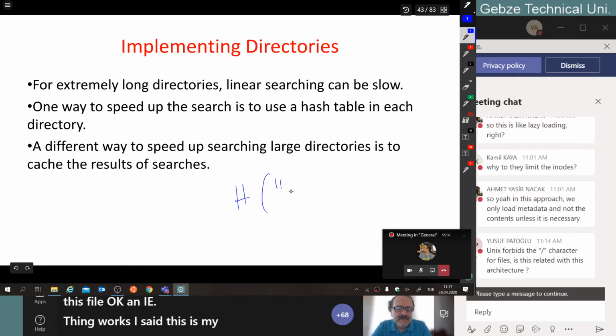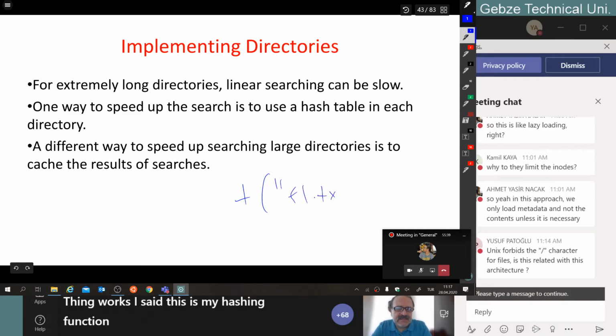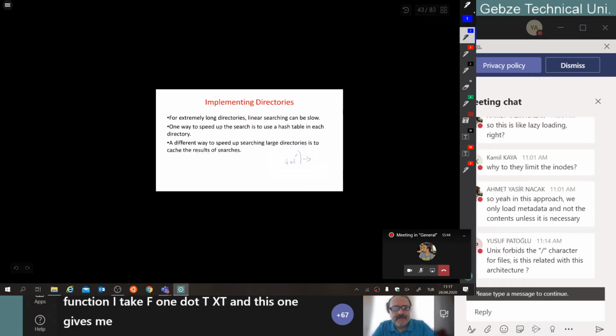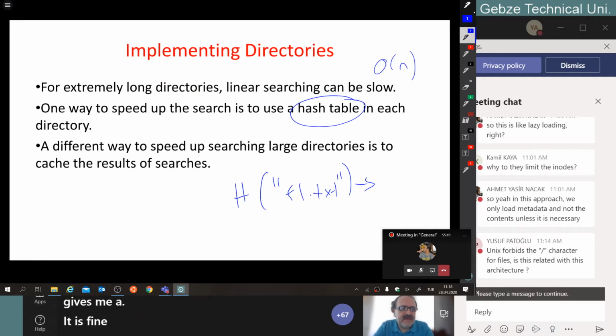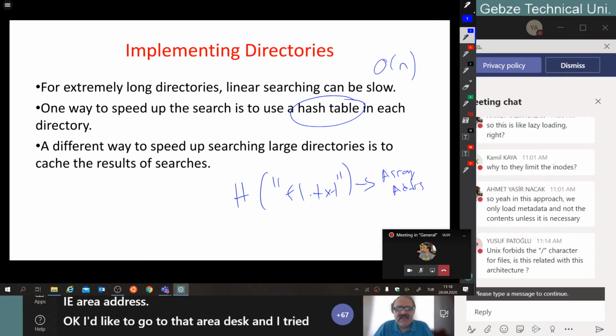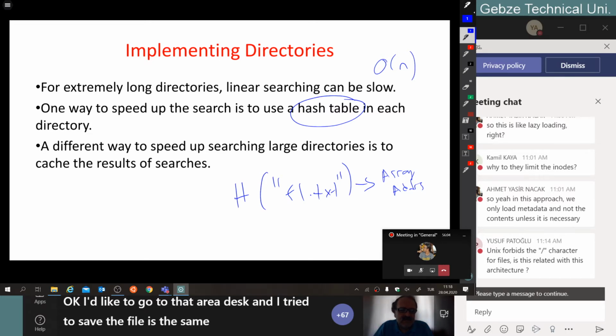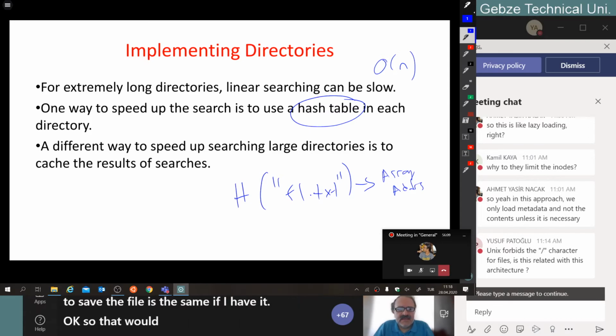I take f1.txt, and this one gives me an array address. I directly go to that array address and I try to see if the file is the same, if I have a hit.